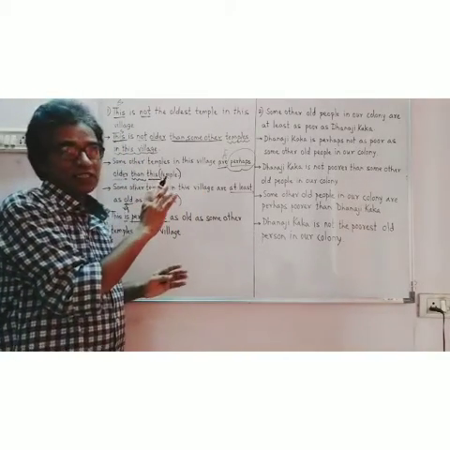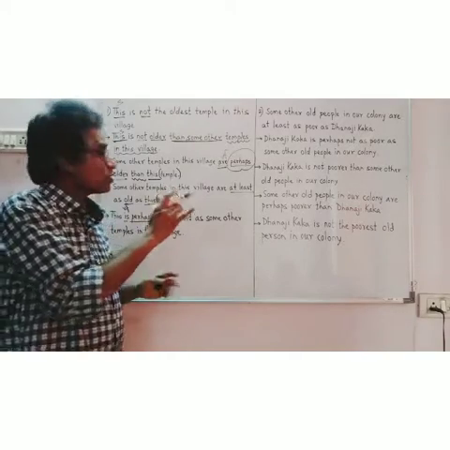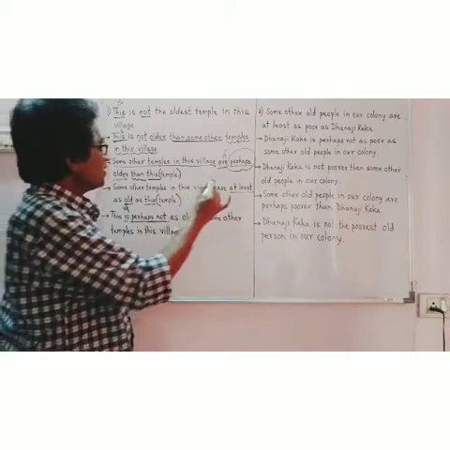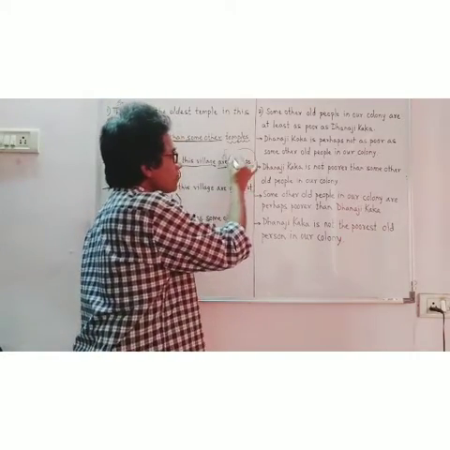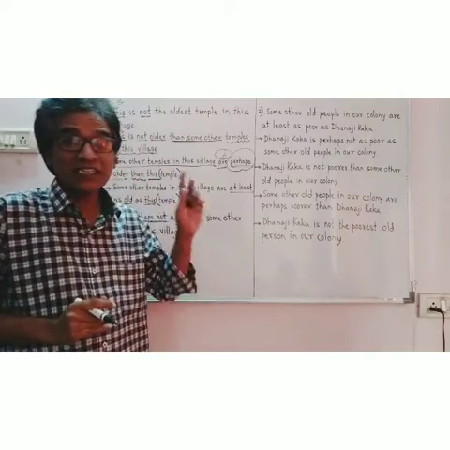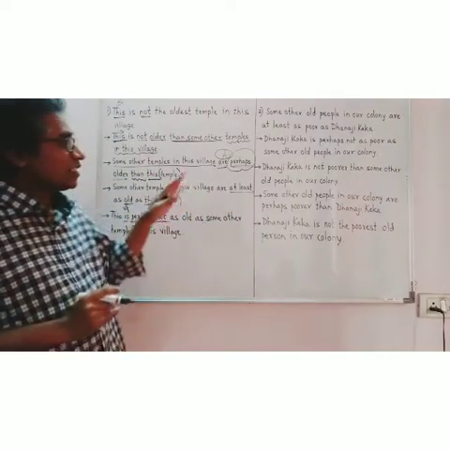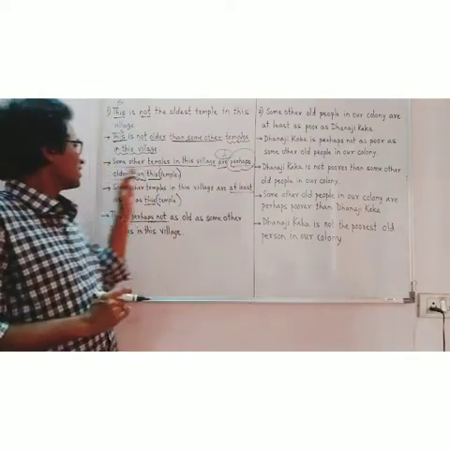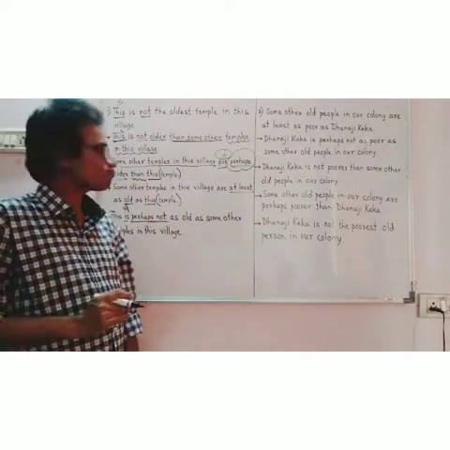When the comparative degree structure begins with object, some other temples in this village, then perhaps is the word which comes after verb form that you should put for the clearance of the meaning and for the understanding of the structure. Perhaps only than this.